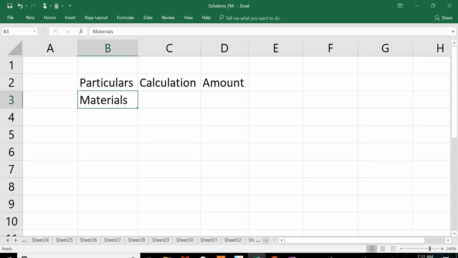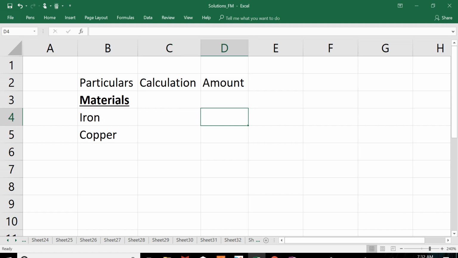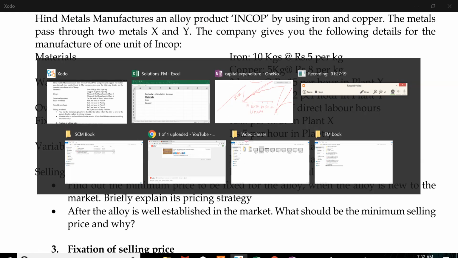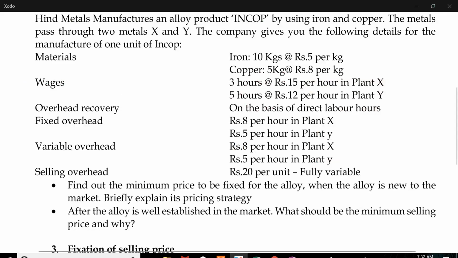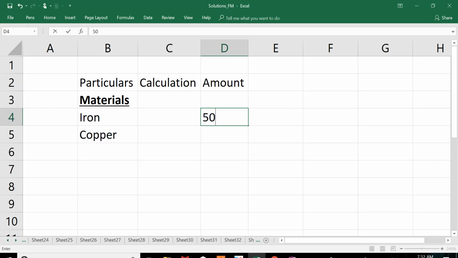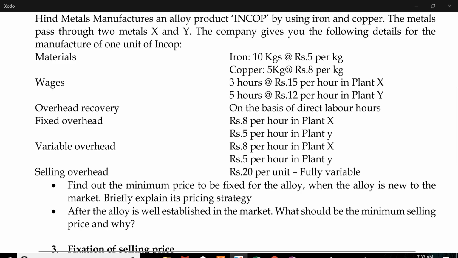First we'll capture all the variable costs. Materials, there's no major calculation as such. Iron and copper. Materials, iron and copper. $50 and $40.